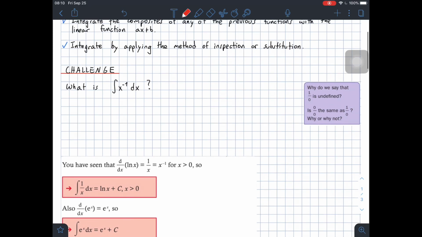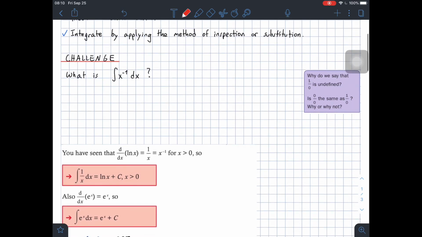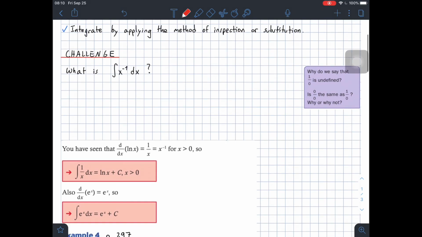Okay, so let's start with this small challenge here. It says, what is the integral of x to the power of -1? If we try doing the integral of this by the method we already know, we're going to say that the integral of x to the power of -1 dx is equal to, we raise the exponent by 1, so this is x to the power of -1 plus 1, that's 0, divided by 0.